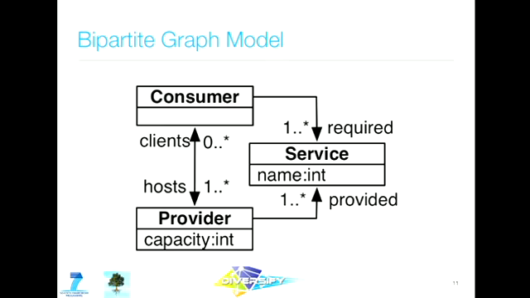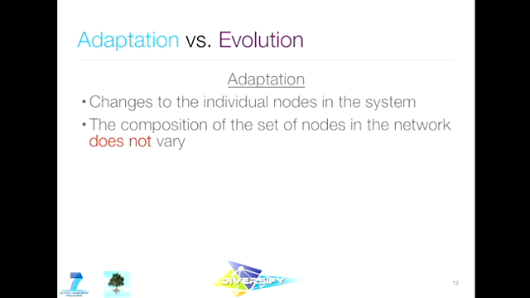Alright, so this is the basic graph model of the EvoServ ALife simulator. Now, first of all, I have to talk about adaptation and evolution in this system. I want to distinguish between adaptation and evolution. Adaptation is changes that modify the composition of the individual nodes.